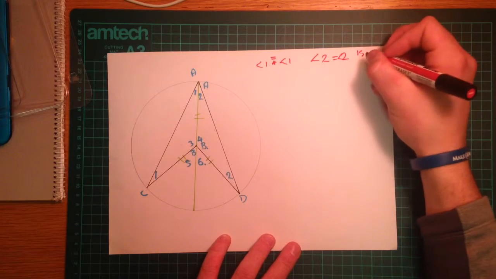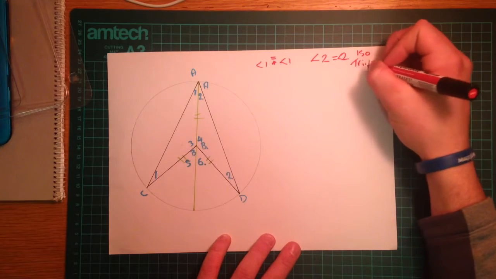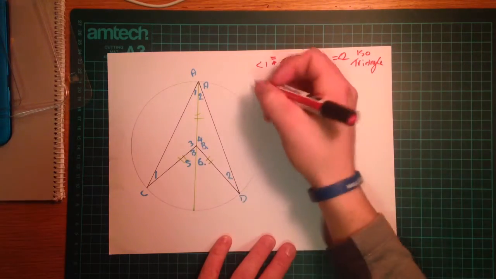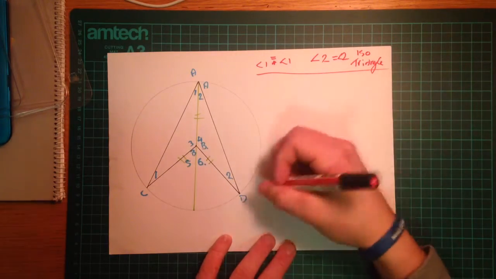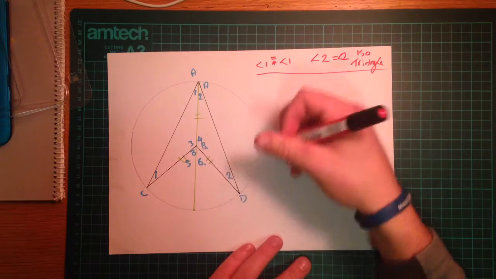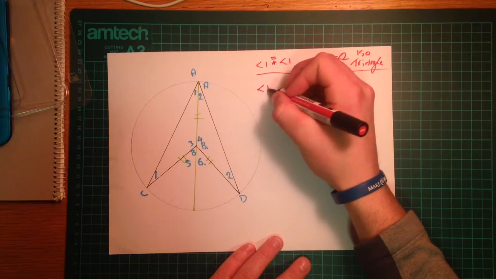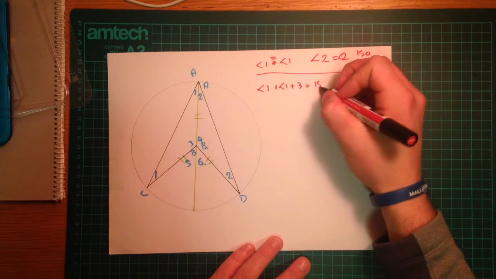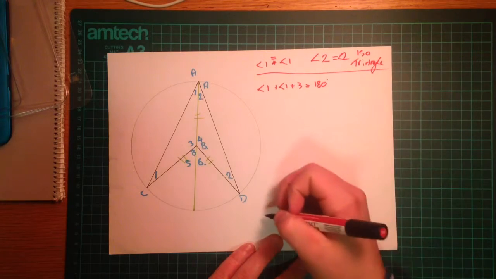This is because they are isosceles triangles, and we can assume that because it's an axiom. Now, as we know, all triangles have 180 degrees in them. So angle 1 plus angle 1 plus angle 3 will be equal to 180 degrees.